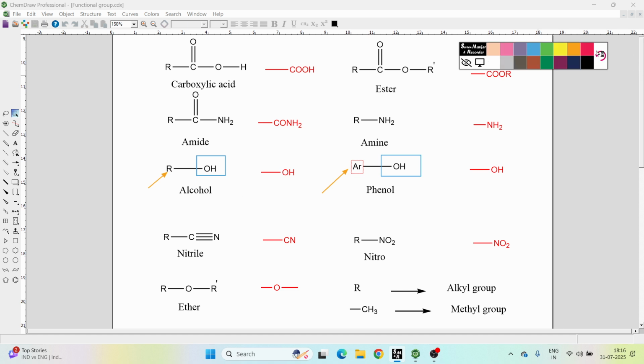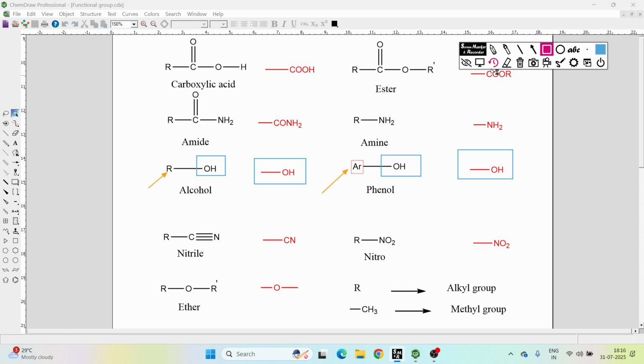The functional group in both cases remains the same, the hydroxyl group. The difference is that in an alcohol it is attached to an alkyl group, and in a phenol it is attached to an aromatic ring.